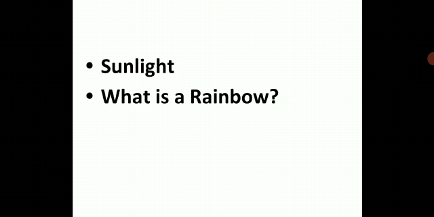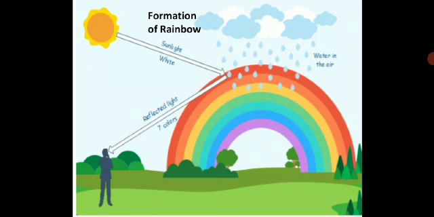Now let us see sunlight and what a rainbow is. Since we are dealing with lenses and with reflection, you need to understand what a rainbow is. Let us see in nature how this plays a very important role in the formation of a rainbow. In the light chapter, since you're learning, you need to learn about sunlight and the phenomenon caused by the light.